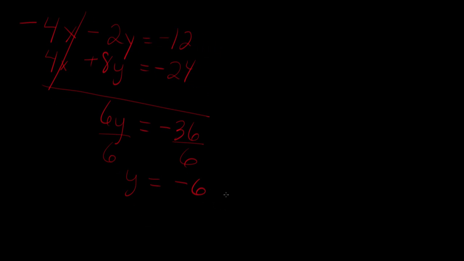So now we need to plug back into one of the two original equations. Remember, it does not matter which one of the two equations you plug into. I'm going to choose the first one. You don't have to. -4x minus 2y equals -12. All right? -4x plus 12 equals -12, excuse me.